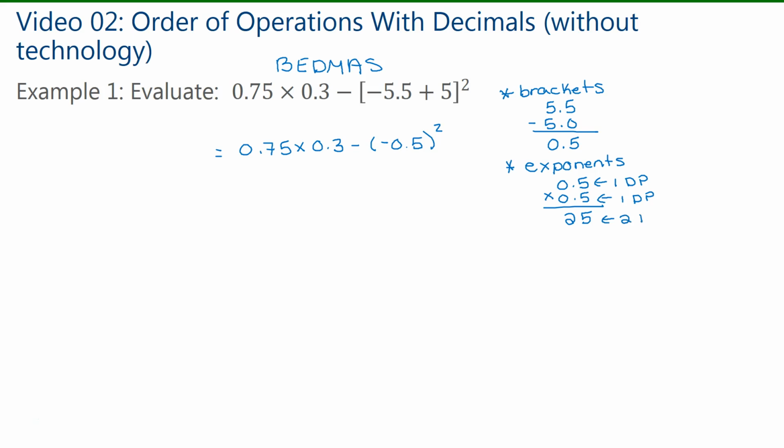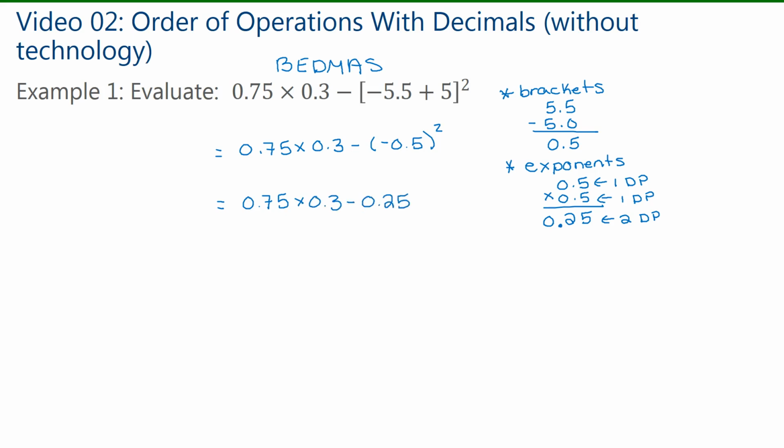My answer is going to have 2. Starting at the right and counting over to the left, puts it right here, 0.25. And it is going to be positive since a negative squared, a negative times a negative, is a positive. So that gives us 0.75 times 0.3 minus 0.25.